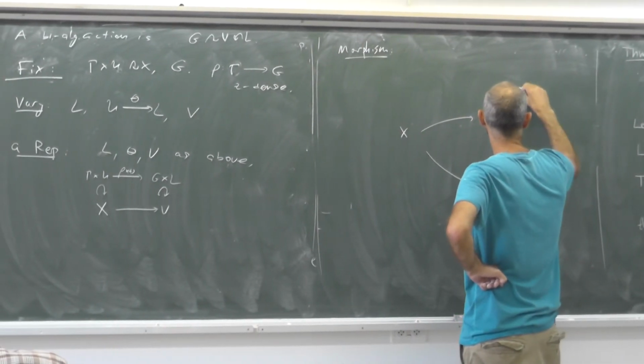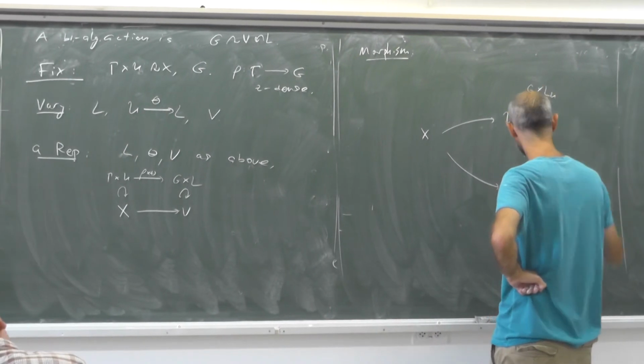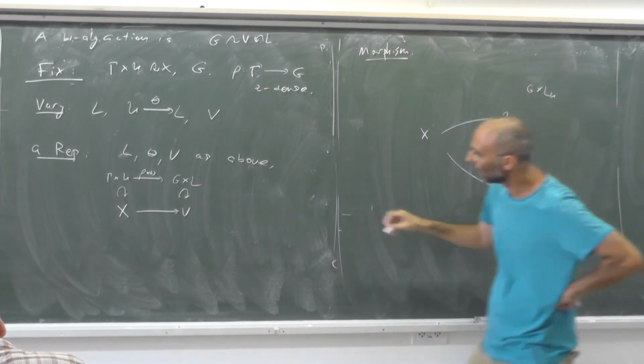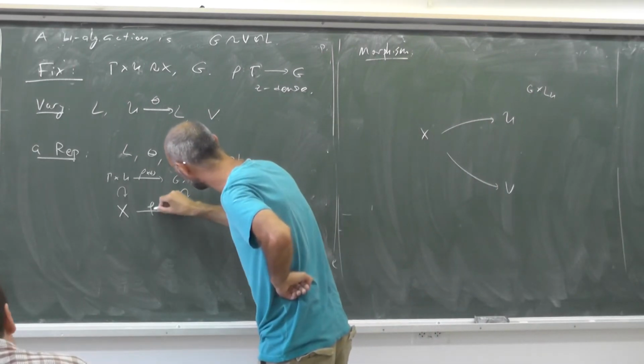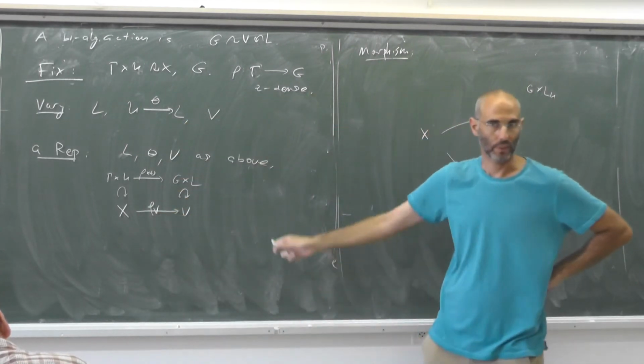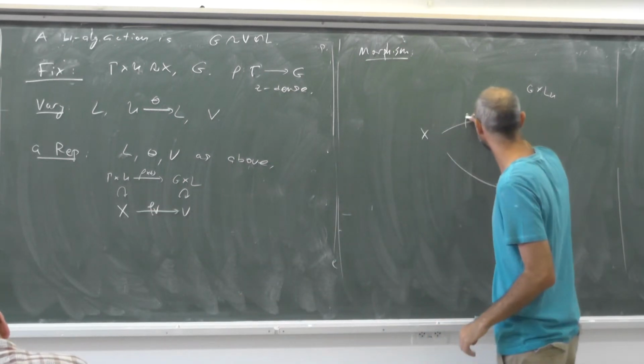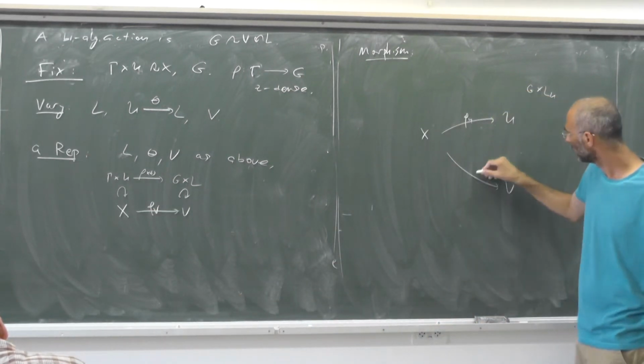So I'm having G times L here, G maybe LU. Typically I'm thinking of the representation as the representation space, and I will use these as a subscript to know which object corresponds to it.